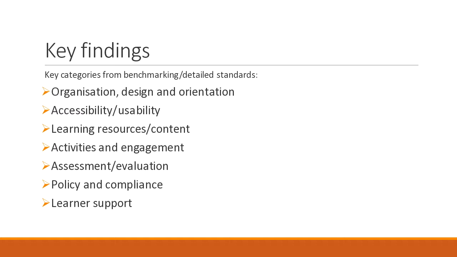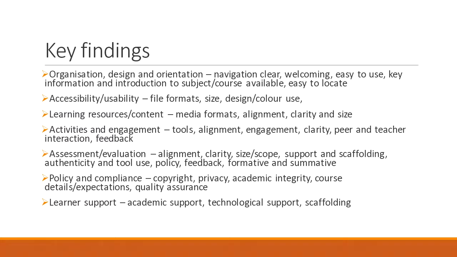But the ones that had some sort of benchmarking or standards similar to Western Sydney seemed to fall under these key categories: organisation, design and orientation, accessibility and usability, learning resources and content, activities and engagement, assessment and evaluation, policy and compliance, and learner support.